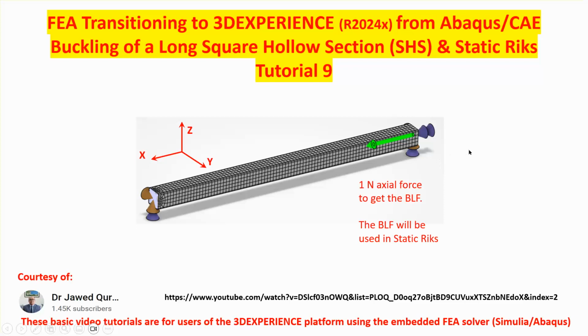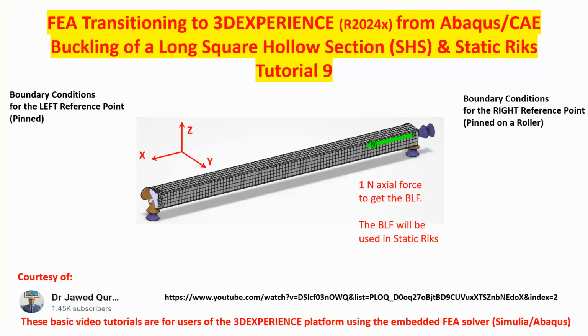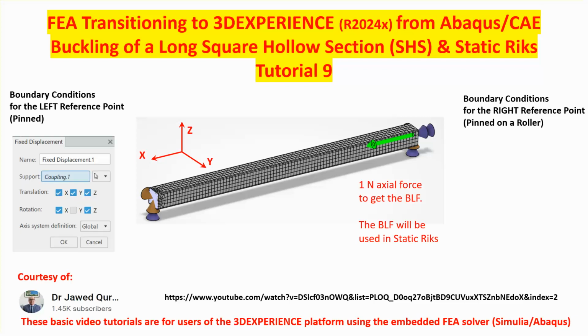Now, the left side of this is pinned, and the right side is pinned on a roller, which means basically I'm dealing with a simply supported problem. And the kind of boundary conditions that I have to apply to the left side, being a pin but freely rotating about the y-axis, is shown here.